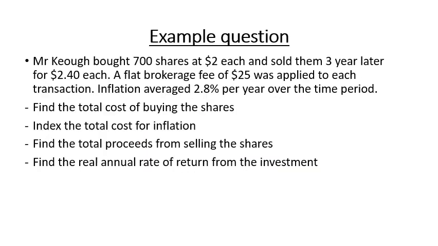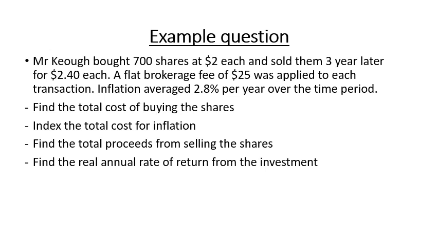So we're going to look at an example question here. There are 4 things we need to figure out, and they're listed in dot points, but I'll read the question to you. Mr. Keogh bought 700 shares at $2 each and sold them 3 years later for $2.40 each.